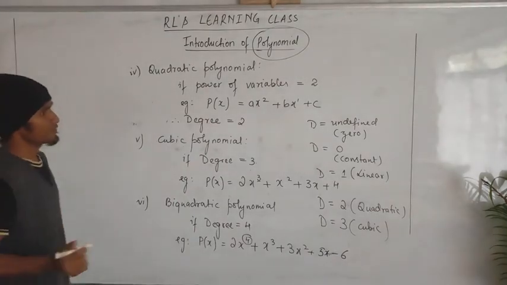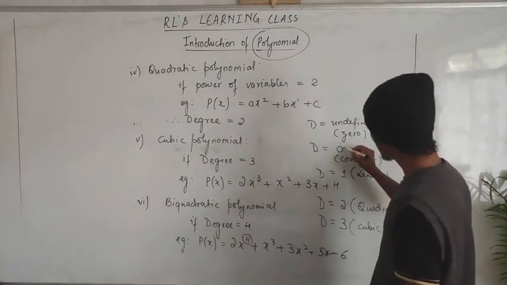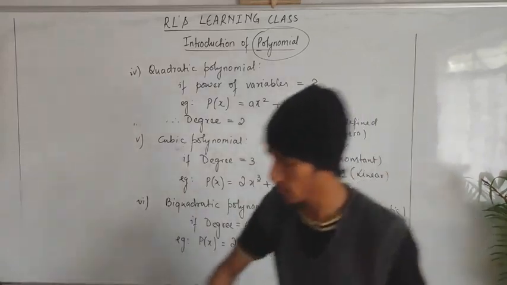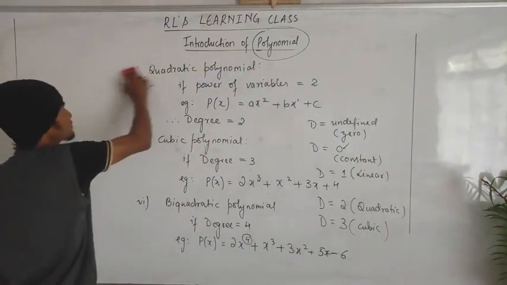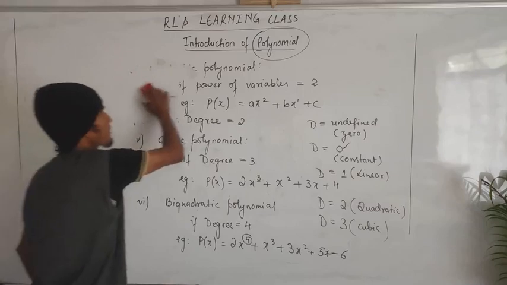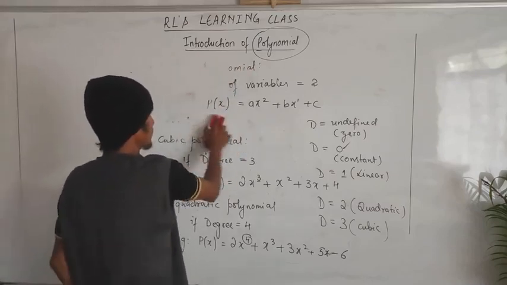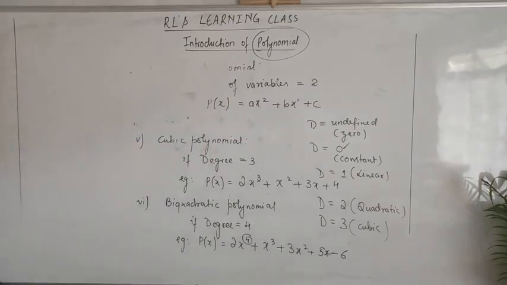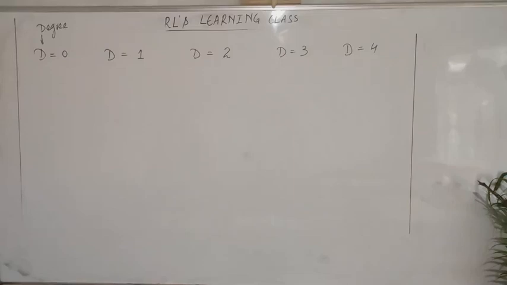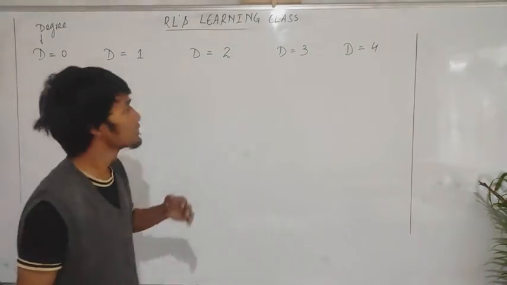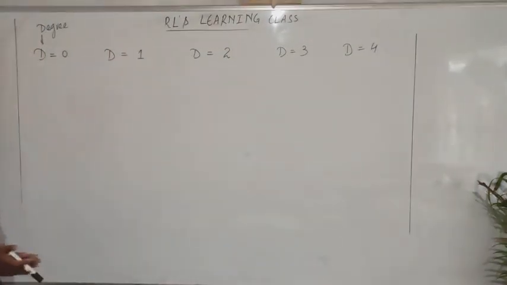Look, if the degree will be 0, then that will have only one term. Okay, I'll write like this. Okay, now this D stands for degree of what?